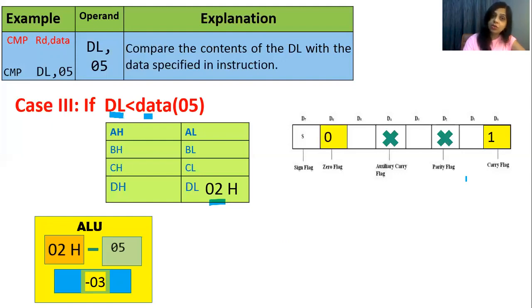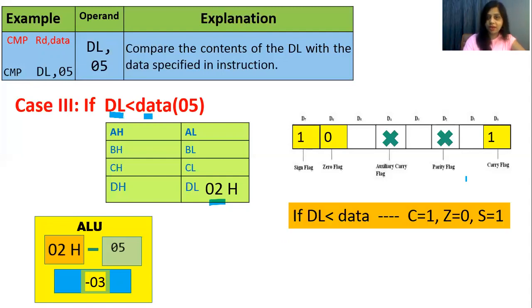Zero flag is 0. Why? Because result is non-zero and result is negative, so sign flag is 1. That means if DL holds a smaller number than data, then we get this particular pattern. So this is how we can check whether particular register holds a bigger number or smaller number.